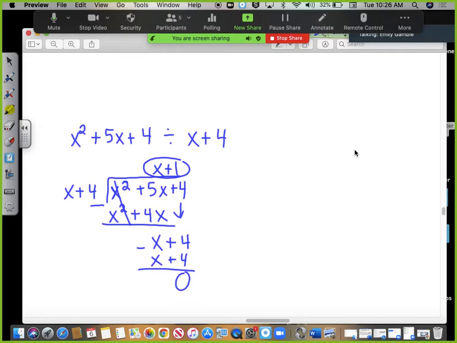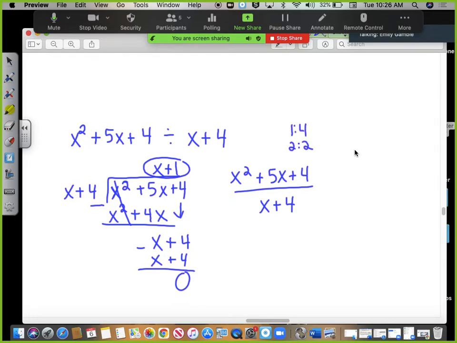So to show you how to check your work with what we're used to doing, x squared plus 5x plus 4 over x plus 4. If I said simplify this from the past, you would take the numerator and factor it. The factors of 4 are 1 and 4 and 2 and 2.